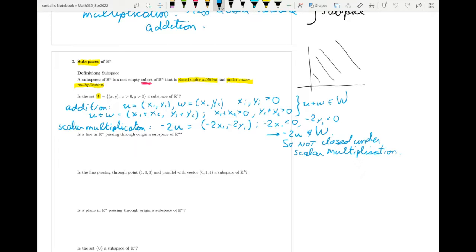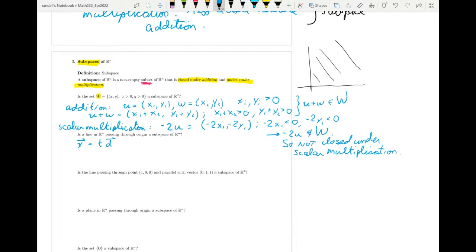All right, so, a line passing through the origin in Rn. Remember, these are lines of the form: here's a vector on the line, a point on the line. It's just a scalar multiple of a vector d. So is this one a subspace? Well, let's check for closure.